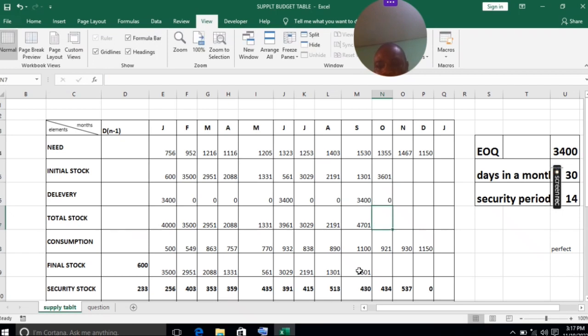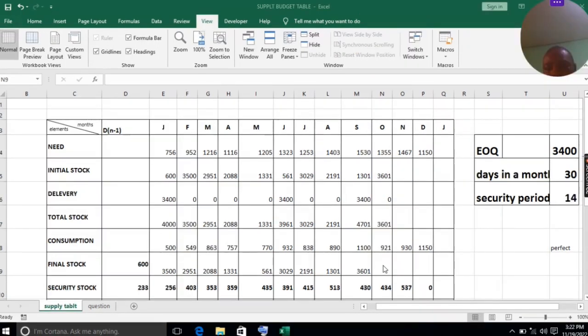Take zero, and the total stock is given by initial stock plus replenishment, which is equal to that. So our final stock in October will be equal to total stock minus consumption for October. So we have our final stock 2,680. So it will be same as the opening stock in November. So we click there, take enter.